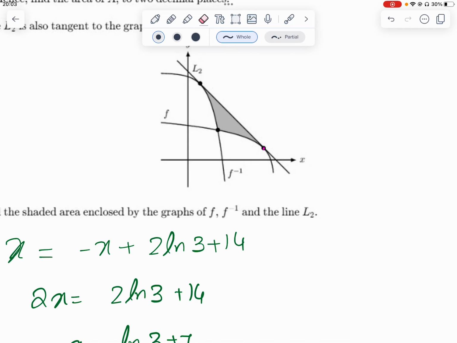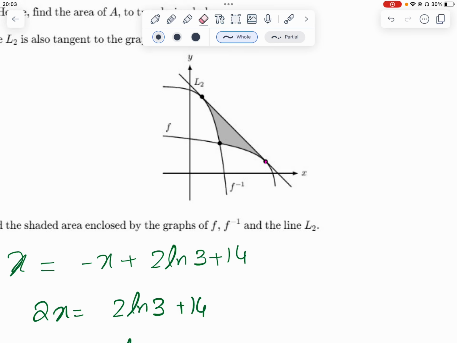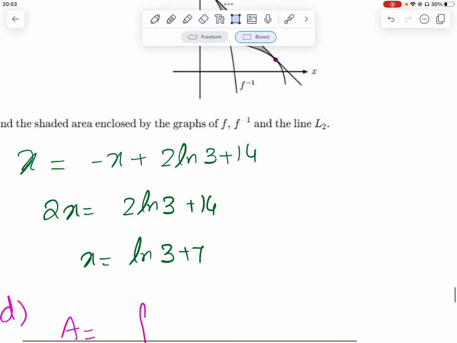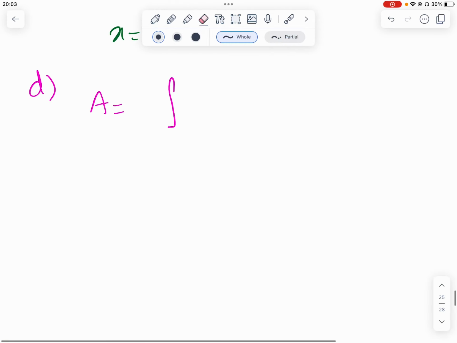So let's start from the beginning once again, because this has to be done carefully. The x coordinate of P. This point is P. I'll better copy this graph and do it neatly over here so that we know the limits.